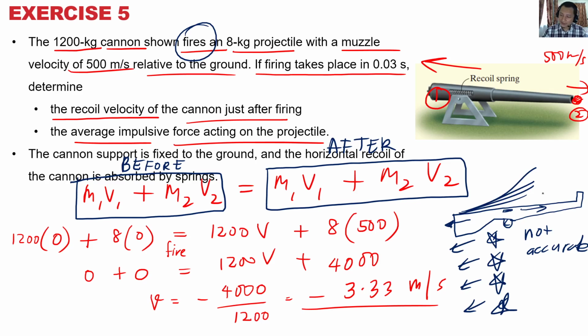So we will not shoot accurately. So you have to take short bursts in order to be accurate. Unless they can design a way to cancel off this recoil with some recoil springs. The engineer has to design properly.